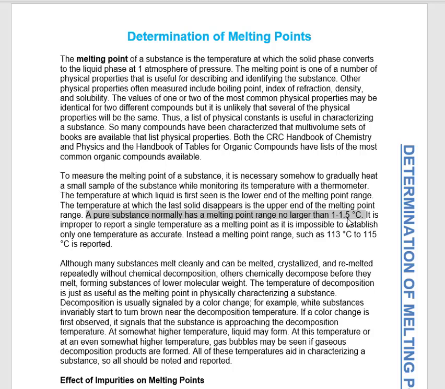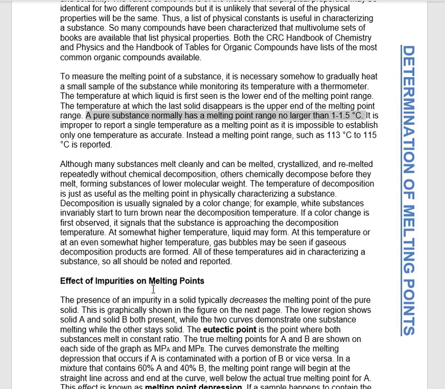Okay, and so if you ramp up your melting speed on your Digimelt too fast, it could be a pure sample, and so instead of it having a melting range of 1 to 2 degrees Celsius, it could have a melting range of like 5 to 8 degrees Celsius because you're just heating it way too fast. And so that's something to be aware of.